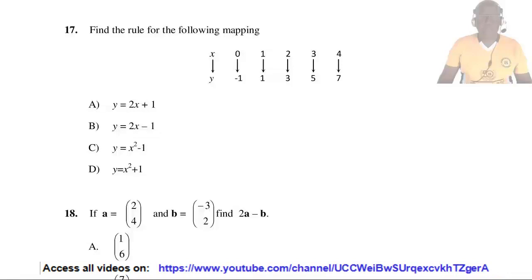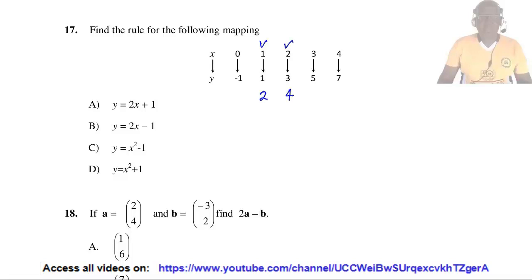Question 17. Find the rule of the mapping. S maps into Y: 0 into -1, 1 into 1, 2 into 3, 3 into 5, 4 into 7. Take note that when we multiply 2 by 1, we get 2. When we multiply 2 by 2, we get 4.